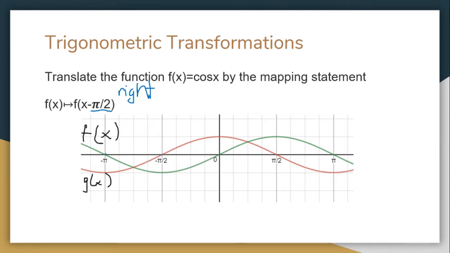So I'm going to pick a point. We're going to start on our f of x, which is the red, here. I'm going to take this point and shift it to the right by pi over 2. So that's all that this graph is doing: we're shifting it to the right, pi over 2.